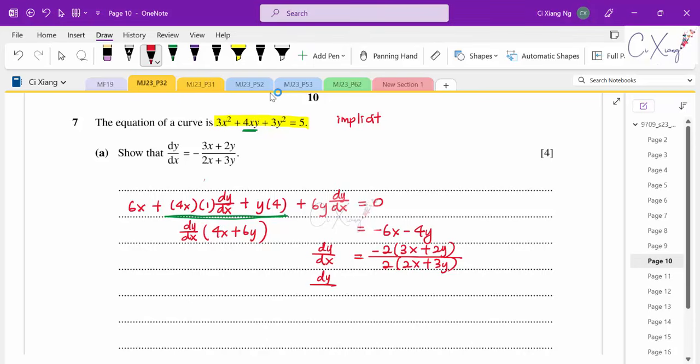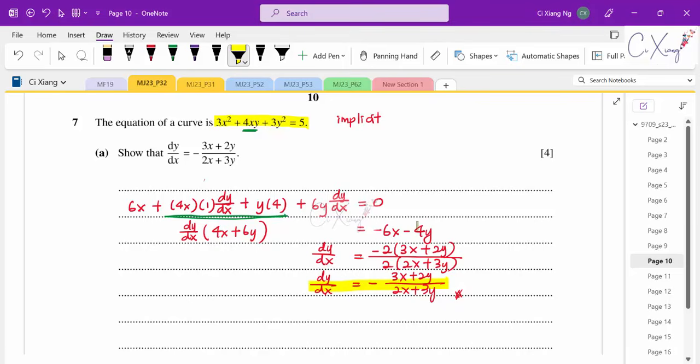After I simplify the 2, we already get the answer that they want us to show. So this is how we prove it. We are applying implicit differentiation.